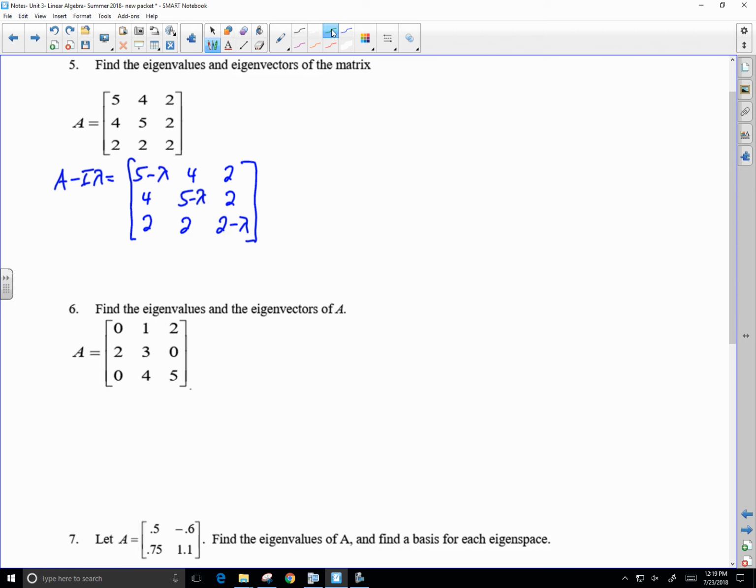Okay, so I'll work bottom row, I think. Something appealing about those coefficients. So 2 multiplied by -1, it's row 3, column 1, determinant of 4, 5 minus lambda, 2.